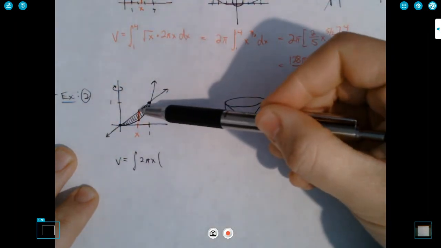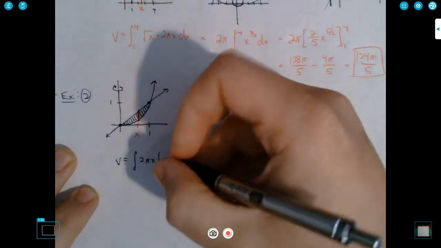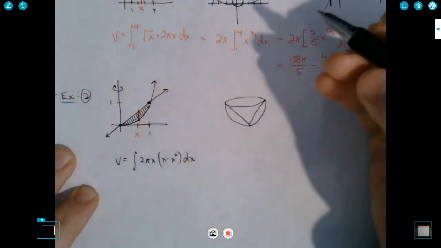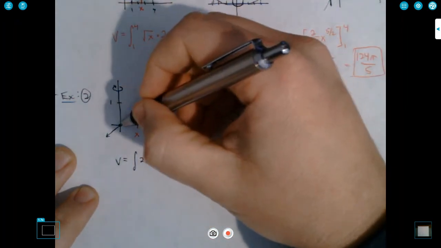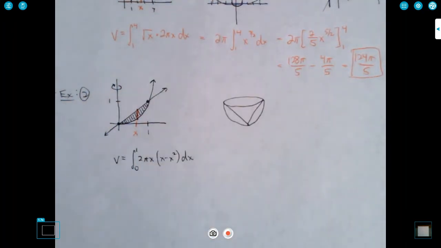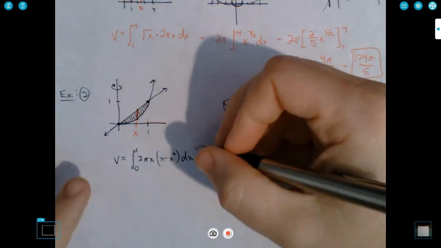So x minus x squared dx. And of course we're going to do this from 0 to 1. We're going to find the area of all of those cylinders between 0 and 1. And that should do it, right? That's not bad.